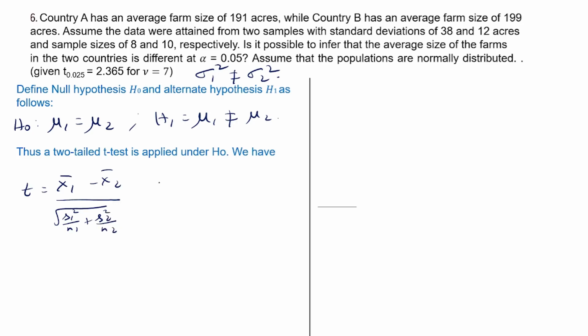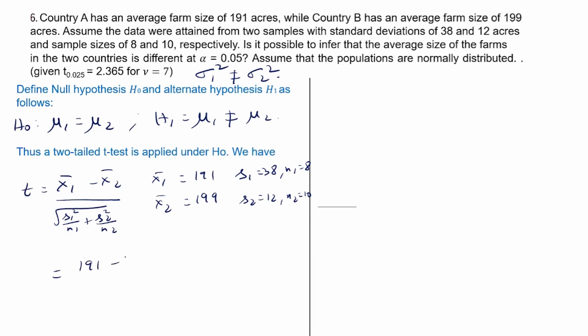So here x1 bar is 191, x2 bar is 199, s1 is 38, s2 is 12, n1 is 8 and n2 is 10. When we substitute all these, we will get the value of t.